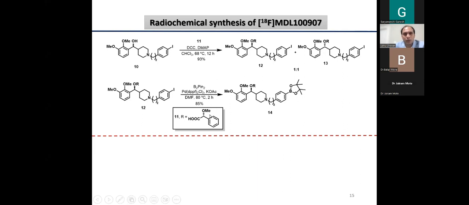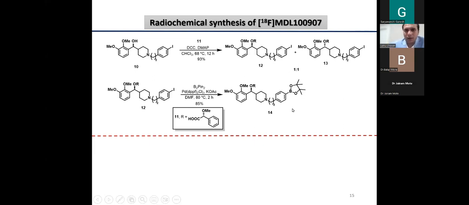This chiral acid we coupled with the alcohol in the presence of DCC-DMAP, which gives two diastereomers, and these diastereomers can be easily separated by column chromatography. Then we took the required diastereomer and did a Miyaura reaction to introduce the pinacol boron ester, using B2pin2, palladium DPPF, and potassium acetate as a base to give compound 14.